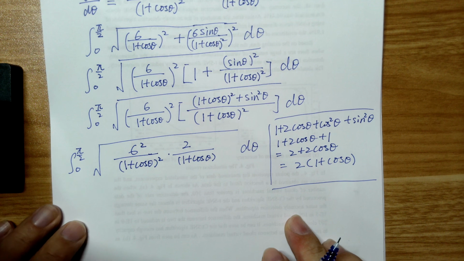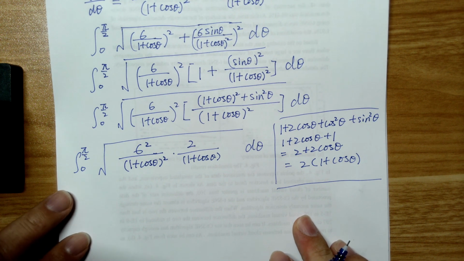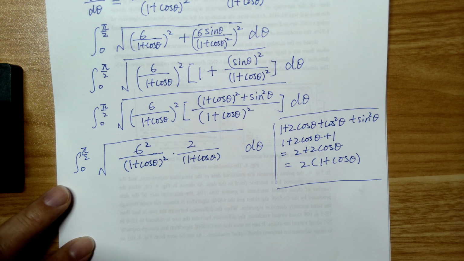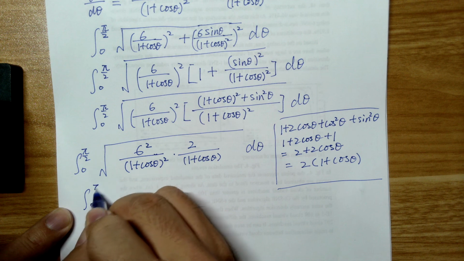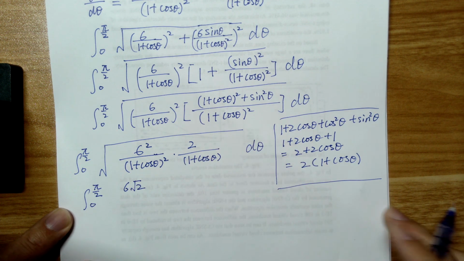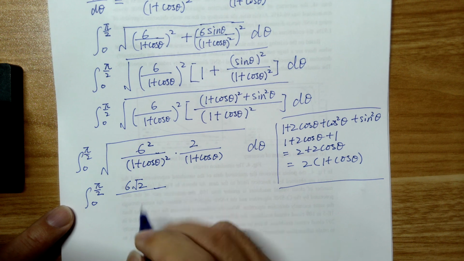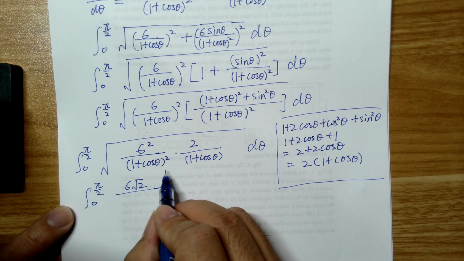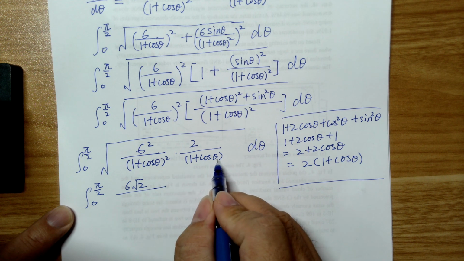So now, as you can see, at this stage, what do we get? Well, it turns out we can have, from 0 to pi over 2, 6 square root of 2 over, so this part is going to become 1 plus cosine theta cubed, right?